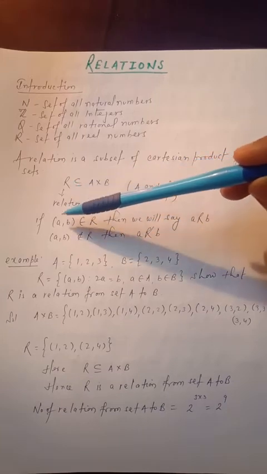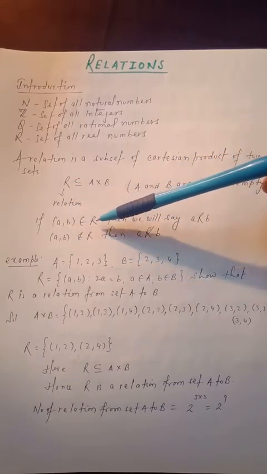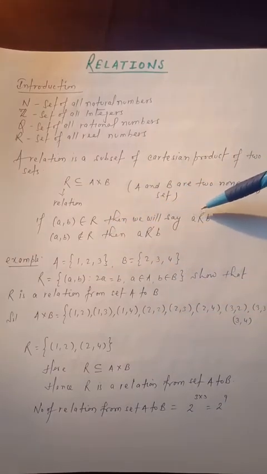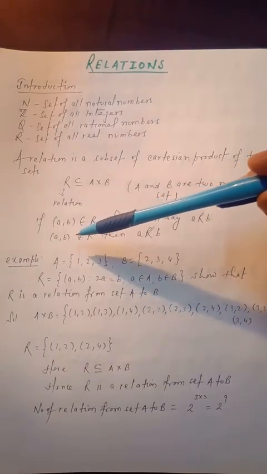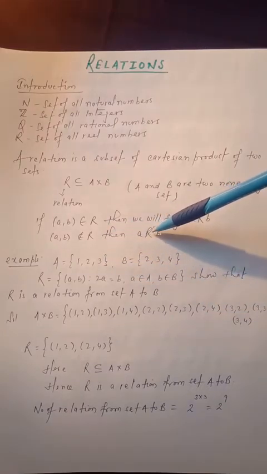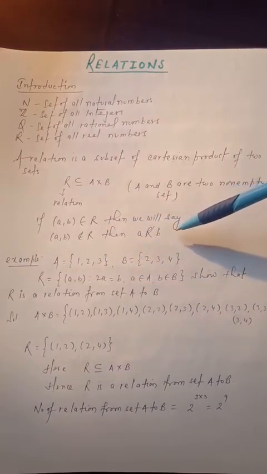So suppose an ordered pair (a, b) belongs to R, then we will say that a R b, or a is related to b. If in case (a, b) doesn't belong to R, it means a is not related to b.